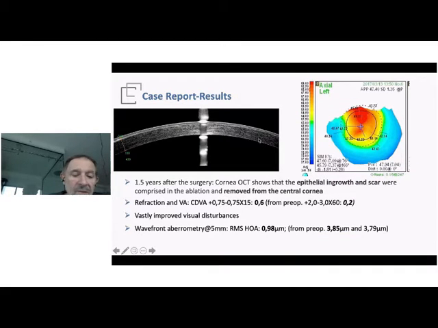It's actually 1.5 years after planning, because the patient was from far away, so he gave the evaluation 1.5 years later.